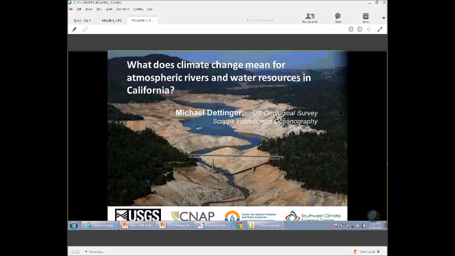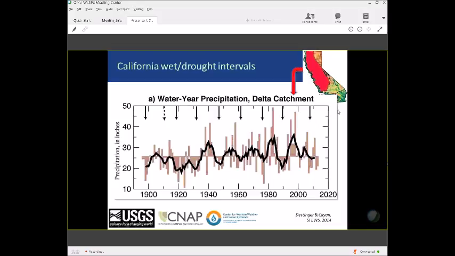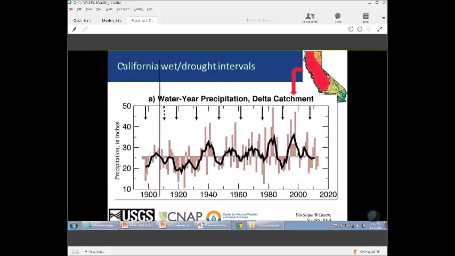So just to dive right in, on this figure, the brown histogram is basically annual values of the water year precipitation totals for that big red blotch over California up in the upper right. And the black curve there is just a 5-year moving average through it.